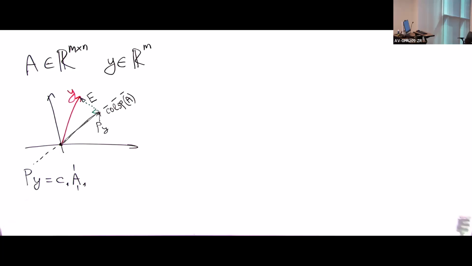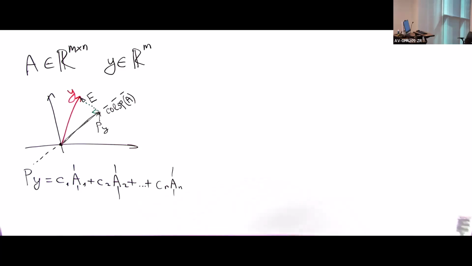Taking the first column of A, plus c2 times the second column of A, plus and so on, and in total you have n columns, up to An, the nth column of A. So this is the representation that you want.